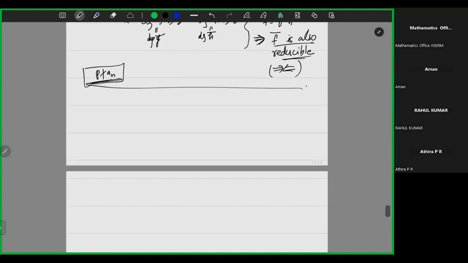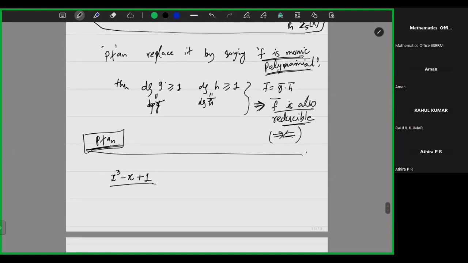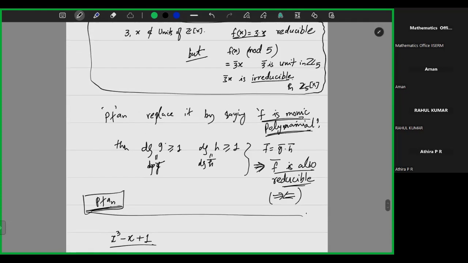Let's see if we can apply this explanation to the following monic polynomials. So here we have x cubed minus x plus 1. Note that this is a monic polynomial, so the proof which I just did works. I'm not sure about non-monic polynomials, something like 3x.